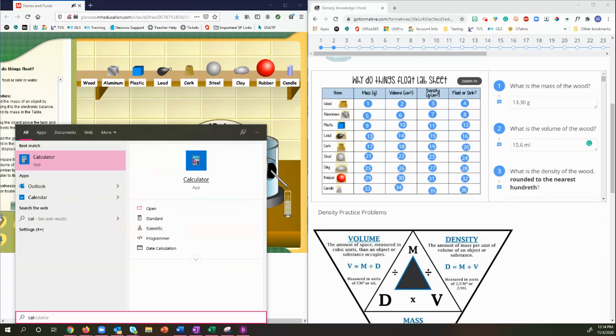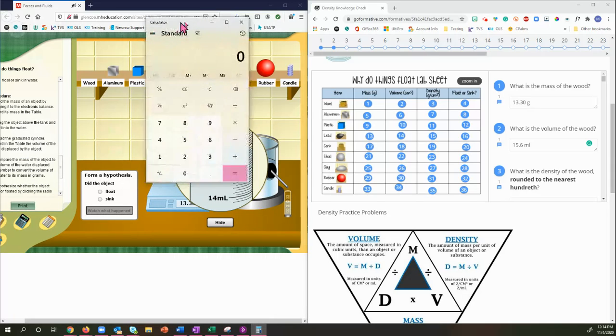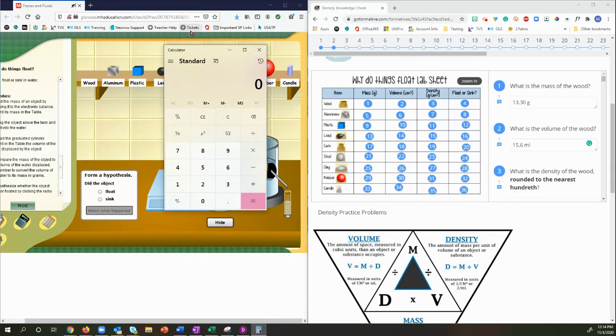You can use the calculator on your computer. Like I said, I'm going to embed one. I just wasn't thinking and forgot. So 13.30, and then I'm going to divide it by 15.6.